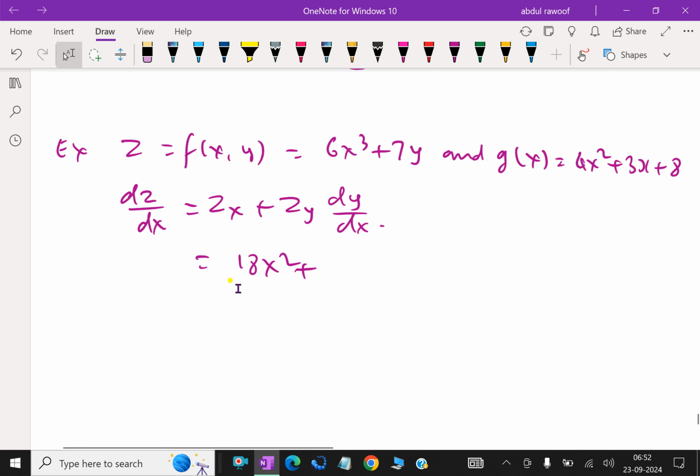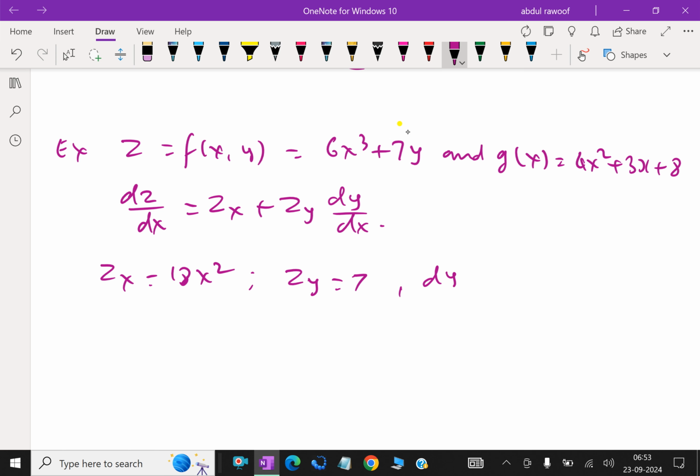First zx equals 18x square, and zy, the partial derivative with respect to y, is 7, and dy by dx is 8x plus 3.